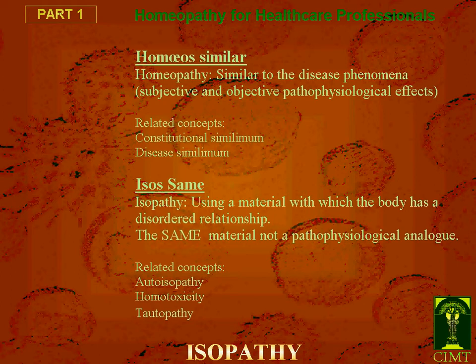In isopathy, we're using an agent to which the patient is having an abreaction, or a toxic response, or an allergic response, or to which they have a disordered relationship. As we discussed this morning, in homeopathy, what we're trying to do is reflect the symptom picture back upon the patient.